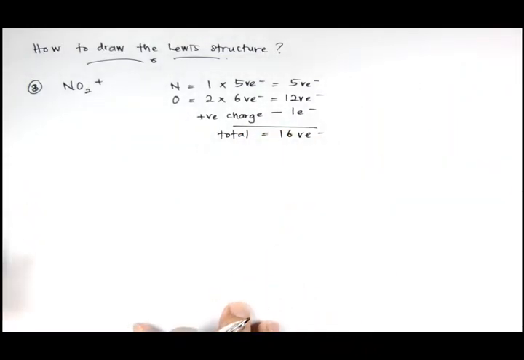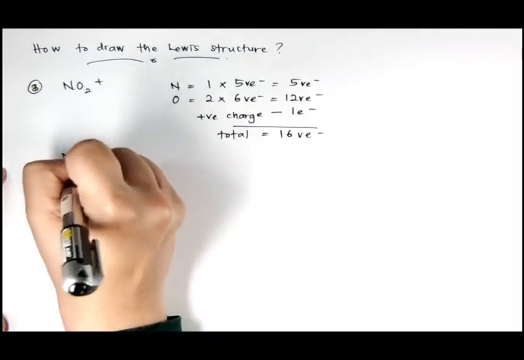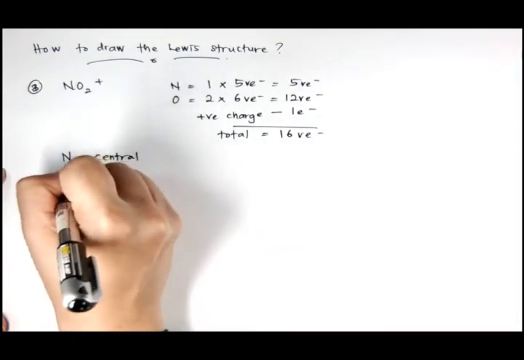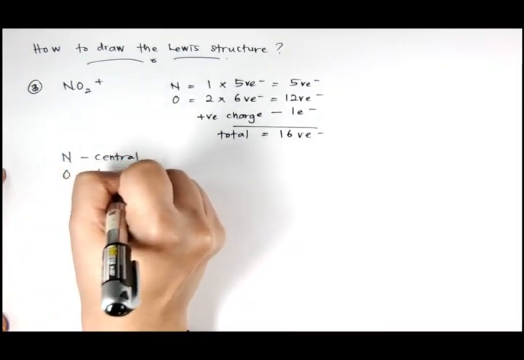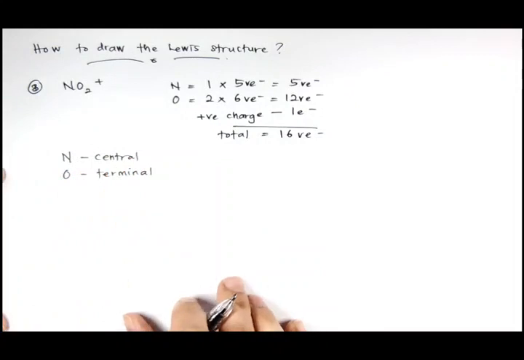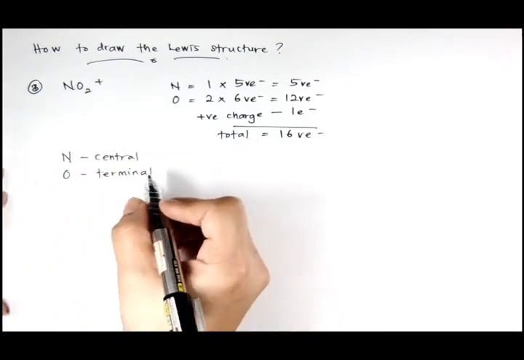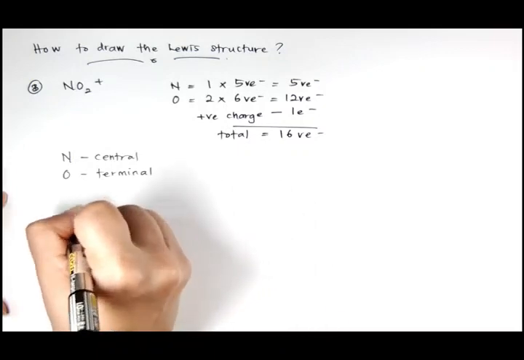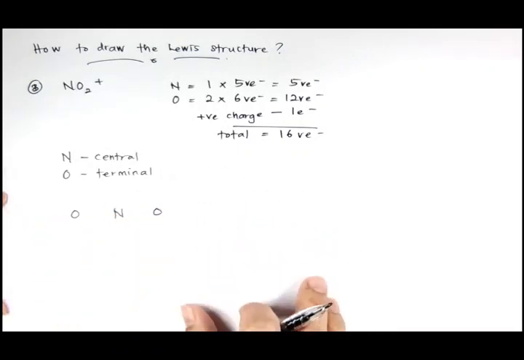The next step is to draw the skeletal structure for the molecule. Since the nitrogen atom is less electronegative than the oxygen, the nitrogen will be the central atom, and then the oxygen will be the terminal atoms. So locate the atoms in the molecule for the central and the terminal: nitrogen at the center and the oxygens at the terminals.